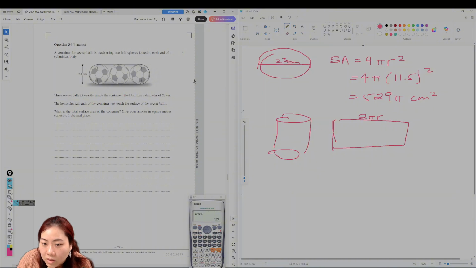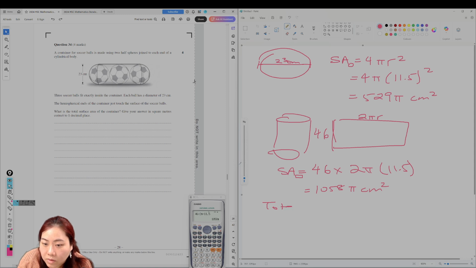So that's actually 46 centimeters. So surface area of the cylinder is going to be 46 times 2 pi times 11.5. Yeah, that is 1058 pi square centimeters.